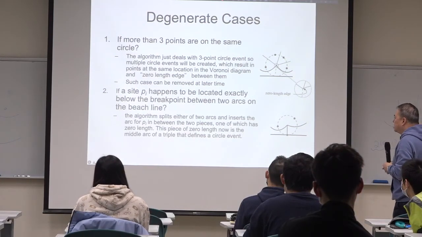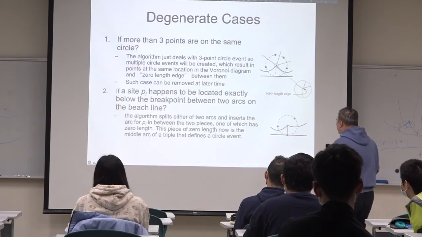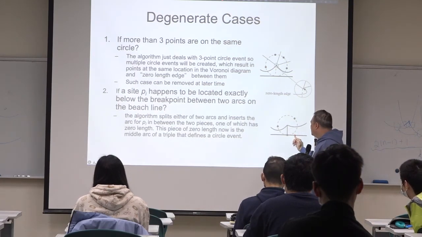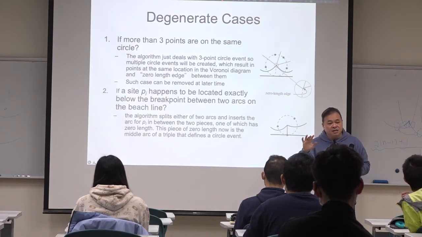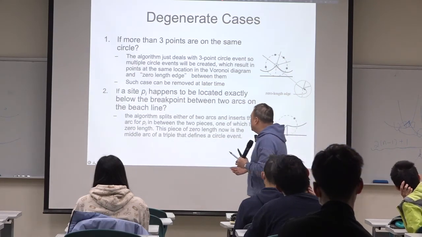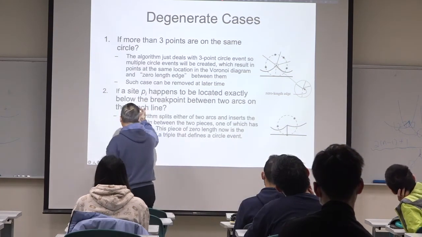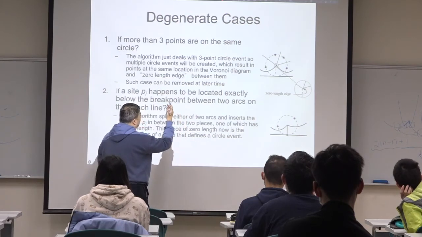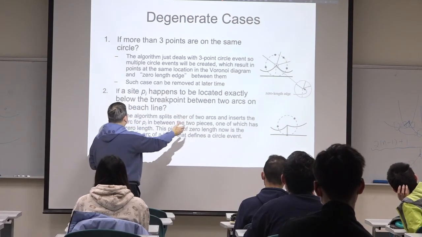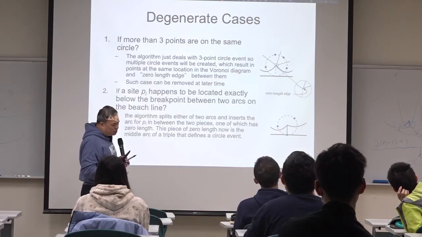The second case: we talked about a site event occurring which breaks an arc into 2 pieces. But how about if a site happens to be located exactly below the breakpoint between 2 arcs?